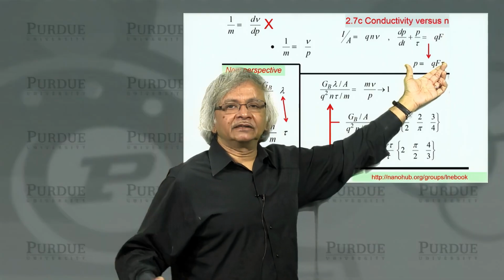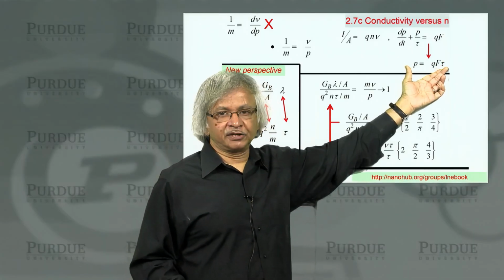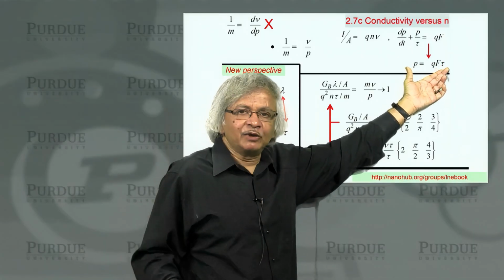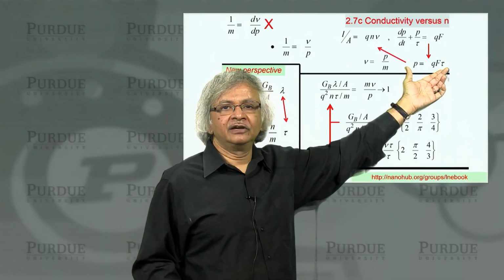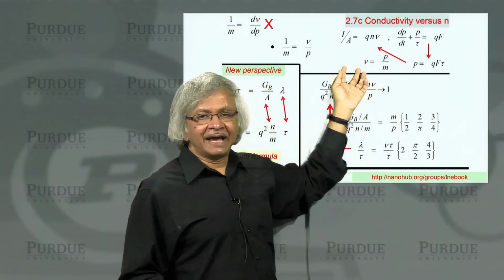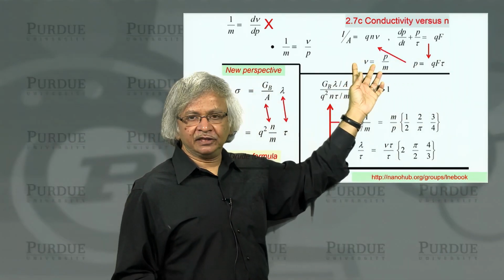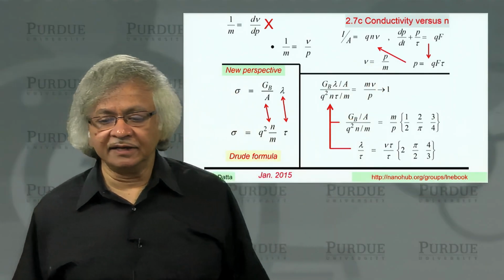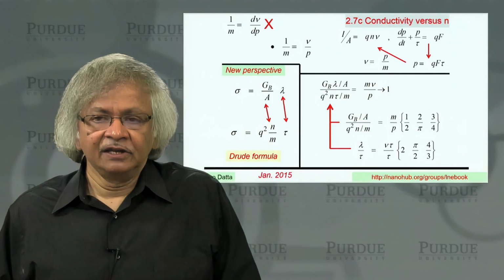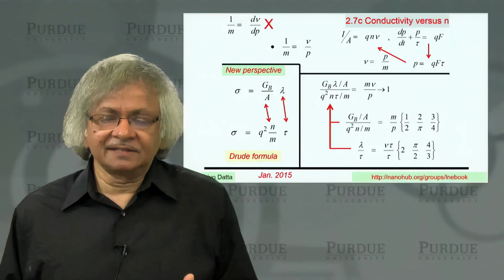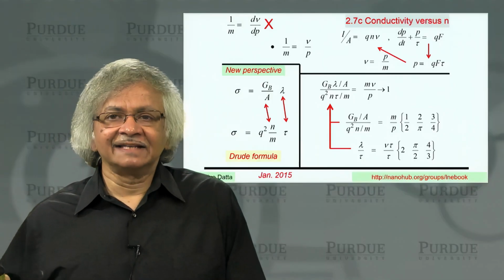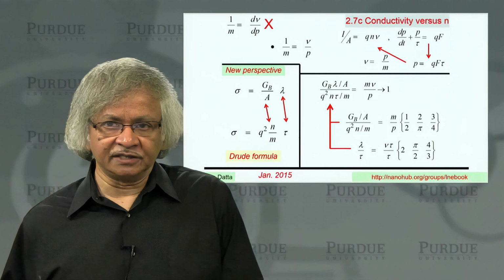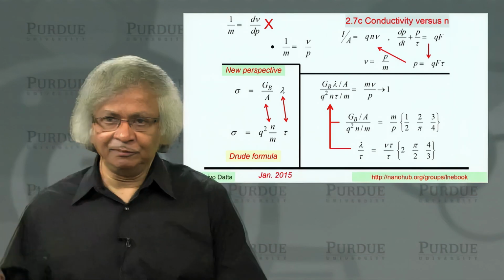But in order to calculate current, you really need an expression for velocity. And that is where you usually make use of this idea that mass relates the p to the v. And so the point I'm trying to make is when the Drude formula is actually derived, the way the mass gets introduced is as the ratio of momentum to velocity, not as dv/dp or anything else.